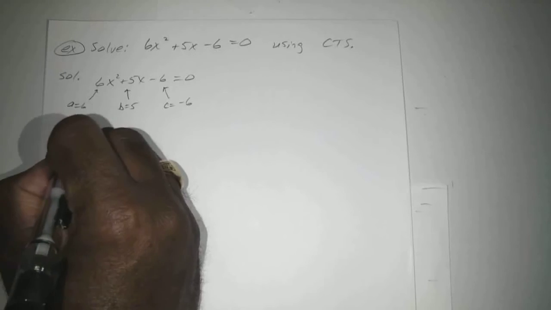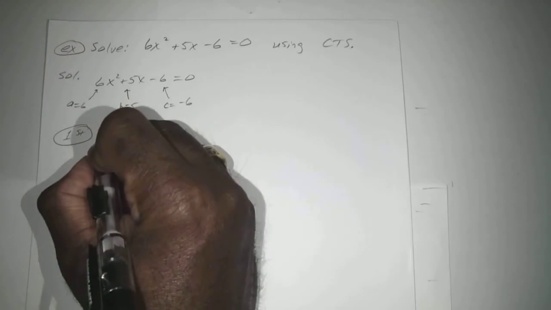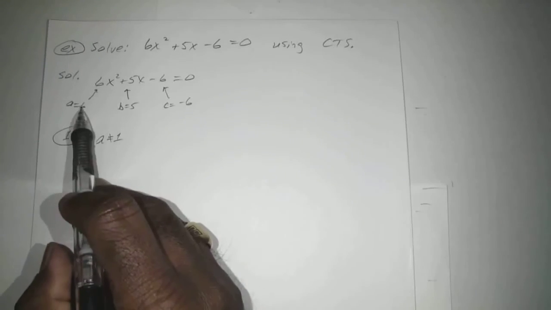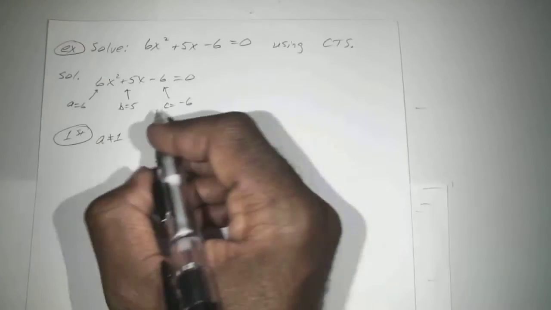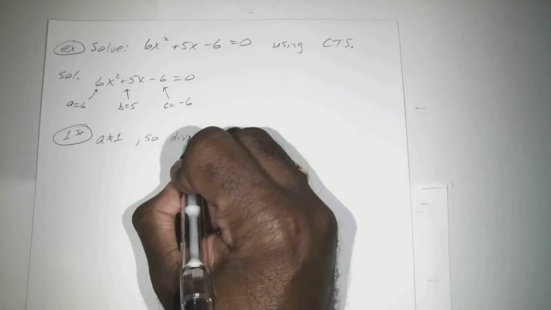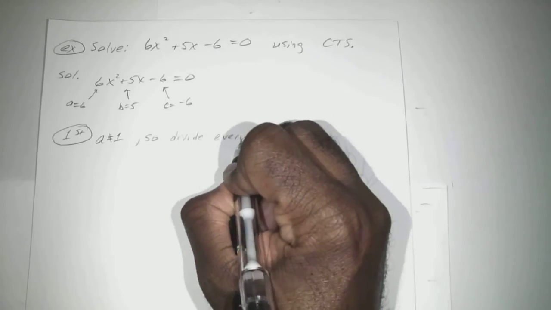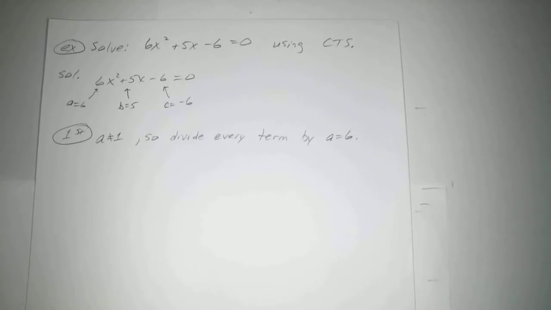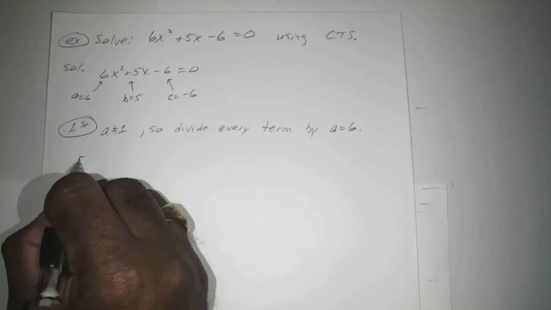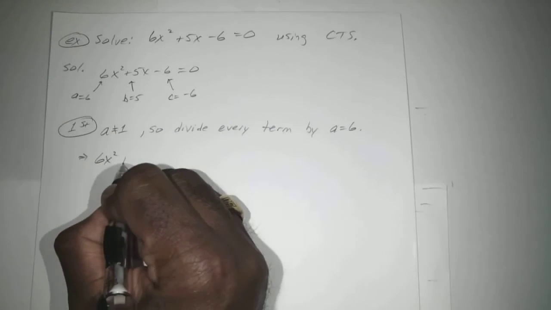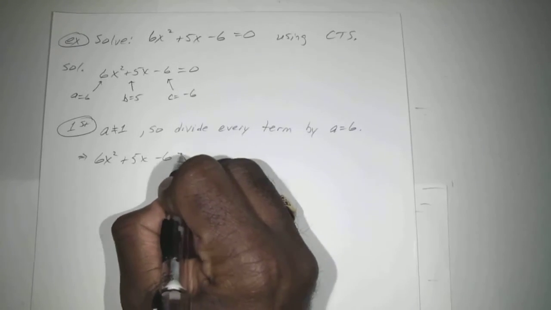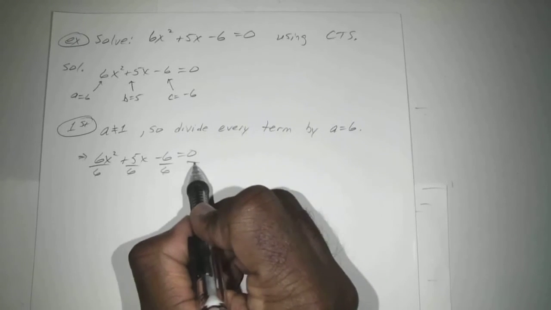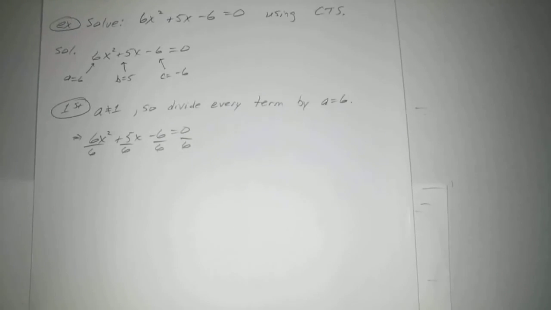Now for this one, for our first step, we know that A is not equal to 1, which means we have to divide every term by that A value, A equals 6. So we're going to divide everything by 6, both sides of the equal sign.